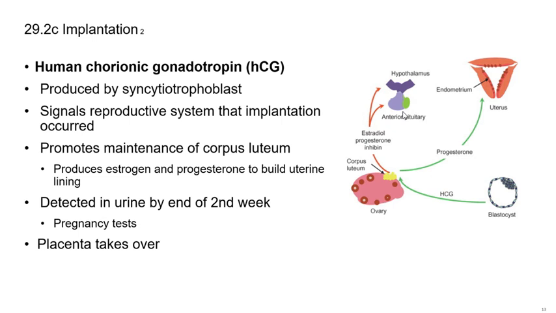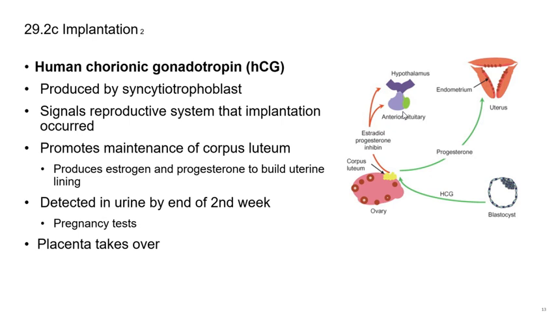The corpus albicans is non-functional. Progesterone levels go down. Menstruation occurs, right? You lose that uterine lining. Well, in this case, we don't want that. We don't want to lose the uterine lining because we've just implanted a blastocyst there, right? So this human chorionic gonadotropin from the blastocyst helps to maintain the corpus luteum, so you continue producing progesterone so that you maintain that thick stratum functionalis layer of the endometrium, right?